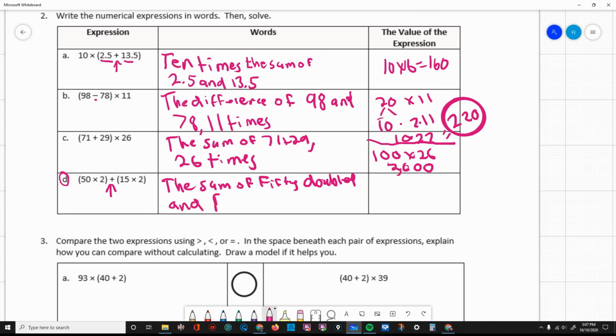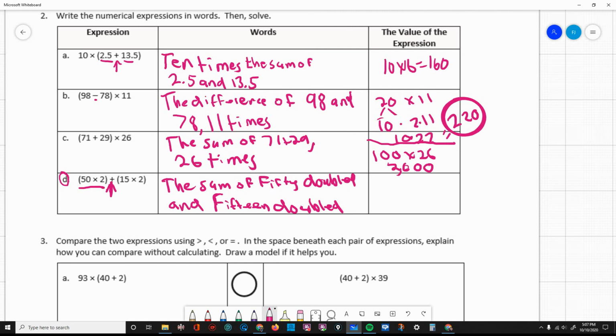I see I did a couple of those numbers. It's okay if you want to write 15 doubled as a number, but it's good practice to occasionally write these numbers out. 15 doubled. Sorry, I get a little sloppy here at the end of my stylus. All right, the sum of 50 doubled and 15 doubled.